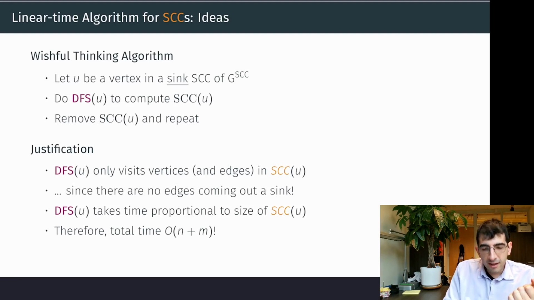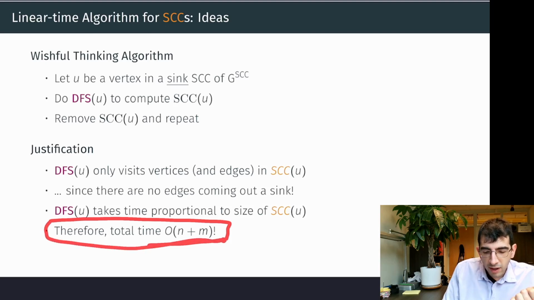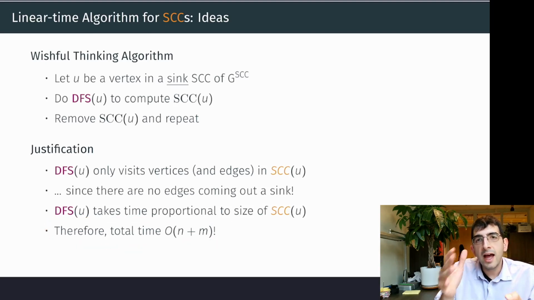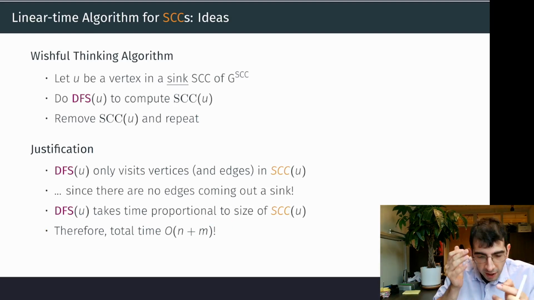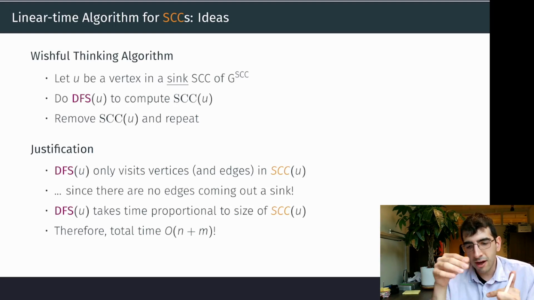Okay? And in total, we would only be running DFS on n total vertices. We would be using each edge only once. And so that would give us a linear running time. That is the insight of Kosaraju's algorithm.